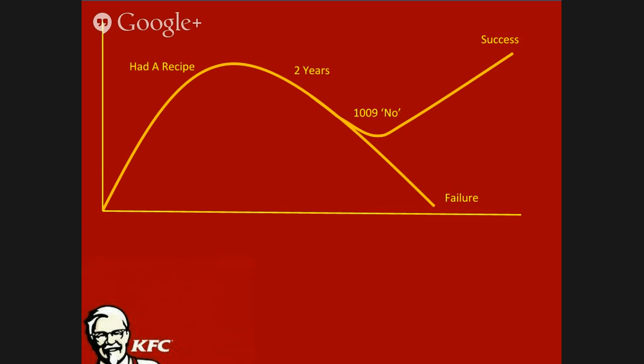I can imagine that's quite demoralising. He could have thought about packing in a number of times, and his option at this place of 1,009 no's was either to give up and go home, which would have been failure, or to carry on and succeed. And luckily for us, he carried on and succeeded.